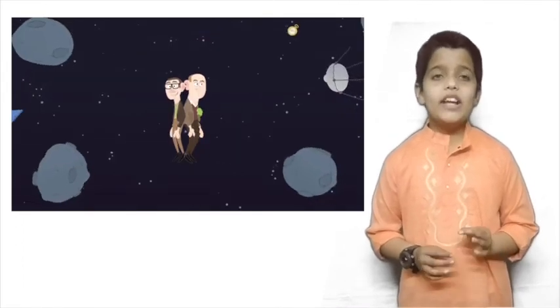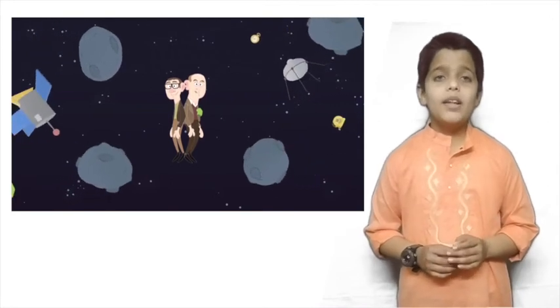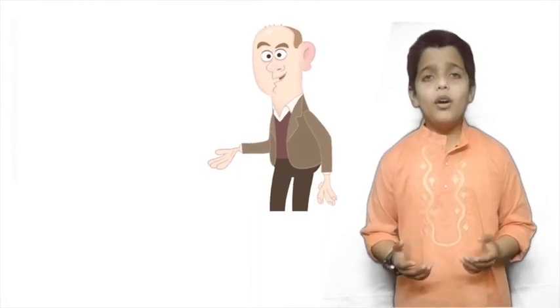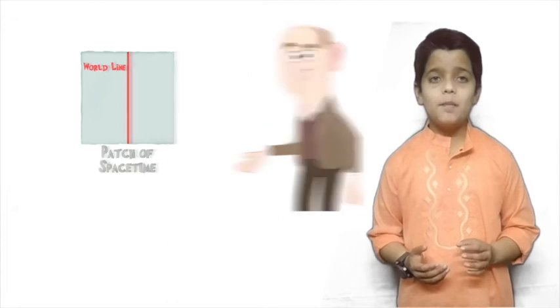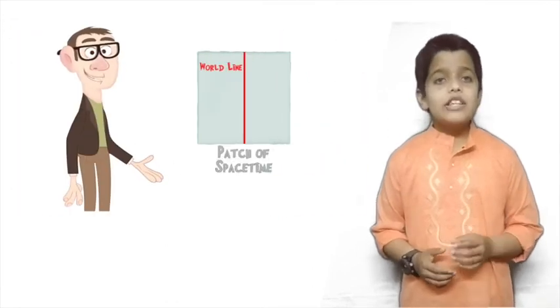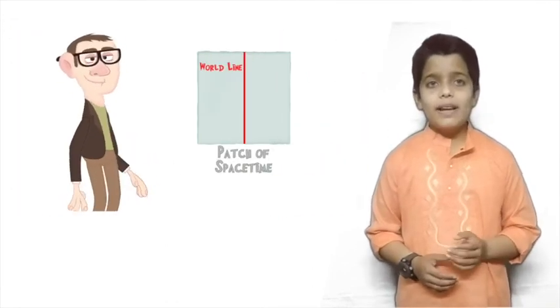Gravity. It controls the universe. Everything attracts everything else. We explore what gravity means for space-time, or rather, what space-time means for gravity. Until now, we've been dealing with things moving at constant speed, with straight world lines in space-time.